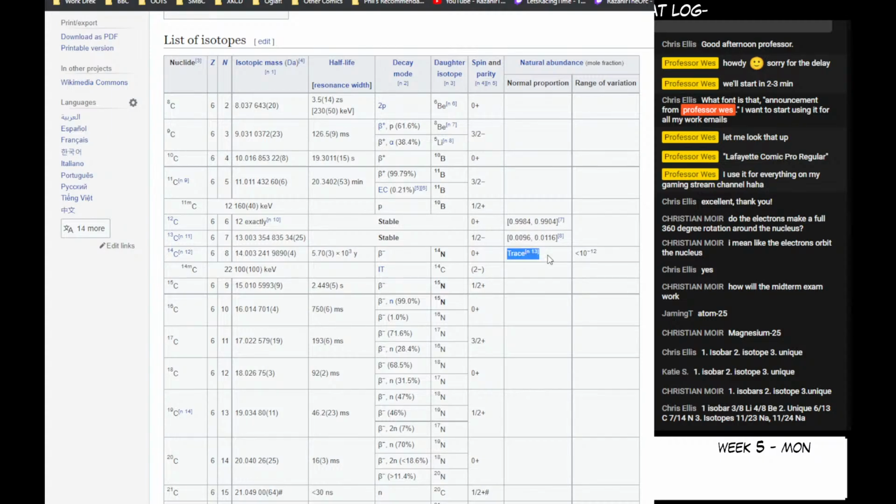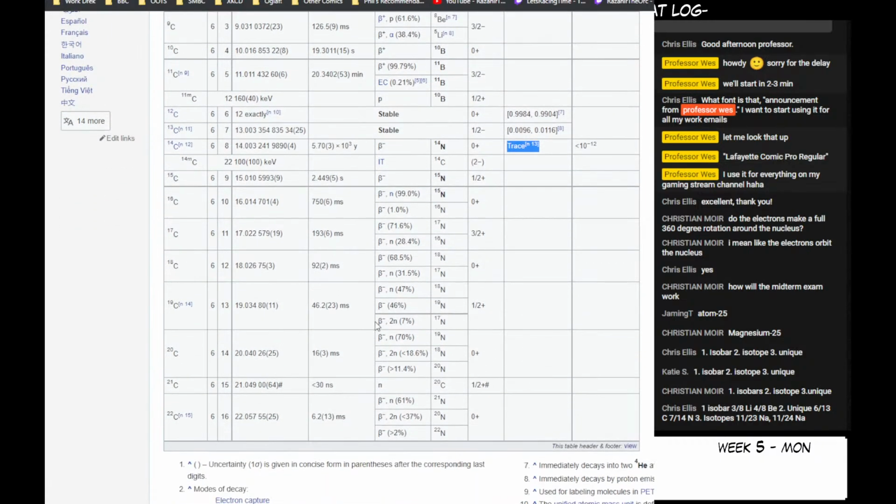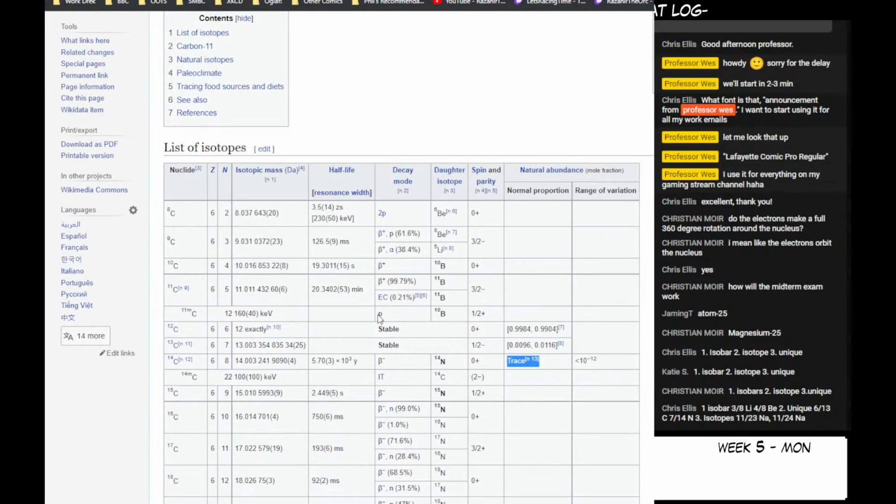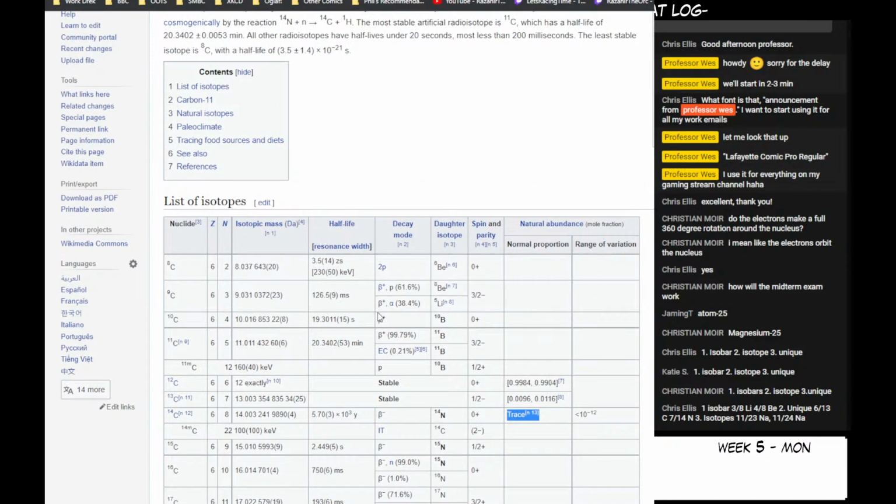And then there is essentially just barely any carbon-14 at all, and then nothing else is even detected. And this is all experimental data. That experimental data is collected by putting these atoms in a particle collider and trying to create them and or destroy them and then seeing what happens.